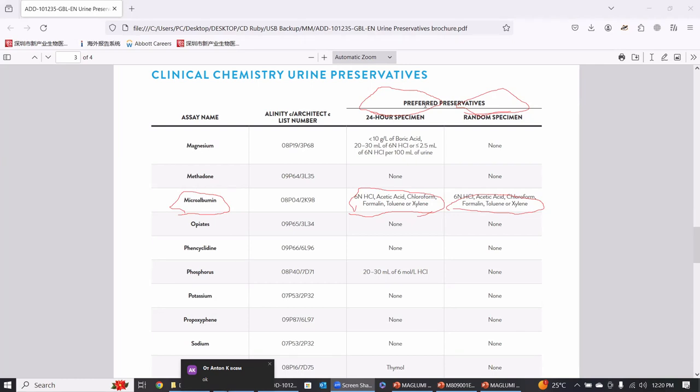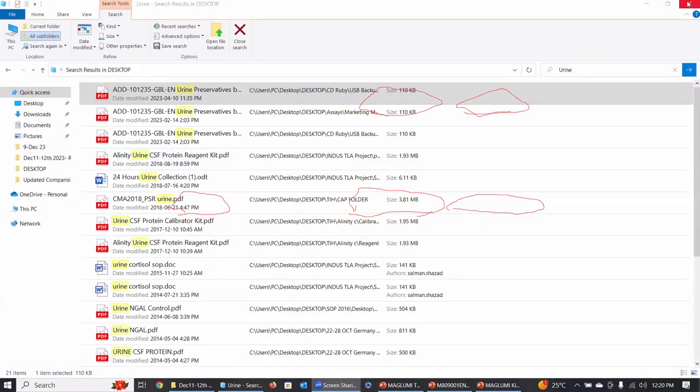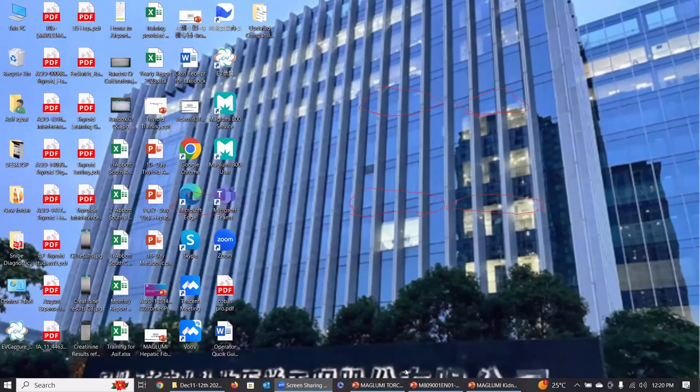But let me check one more time whether we have any other recommendation. Generally, this is all across the board, for chemistry or immuno, the preservatives are the same. So, any other questions if you have?